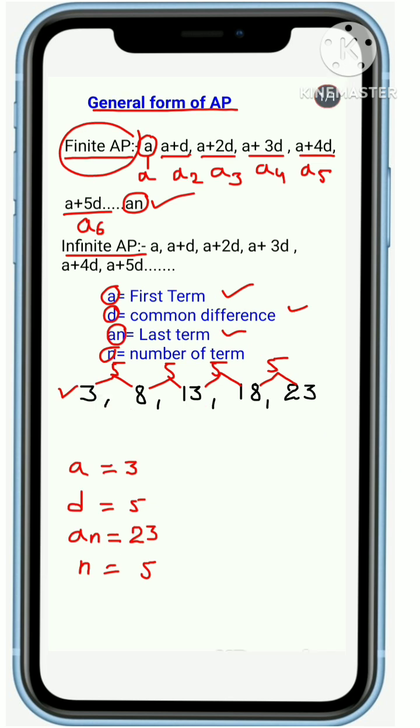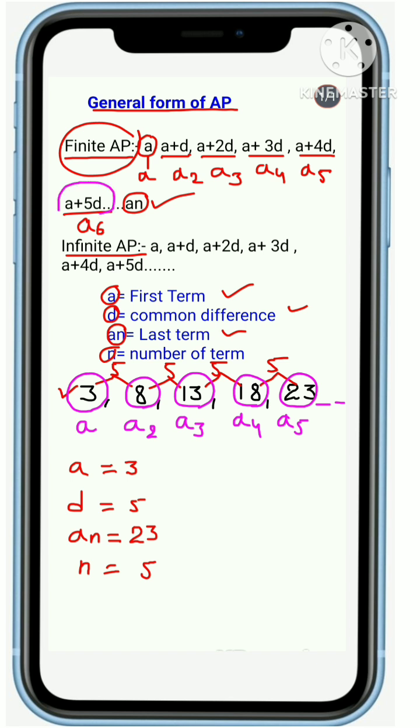Beside this, according to general form, in this AP, this is first term denoted by A, and this is second term denoted by A2, and this is third term denoted by A3. Similarly, this is A4, and this is A5. Suppose if you have to find sixth term of this AP, then for sixth term we have this form of AP.